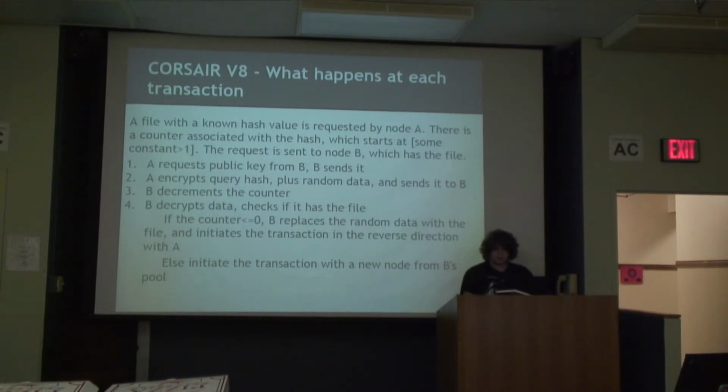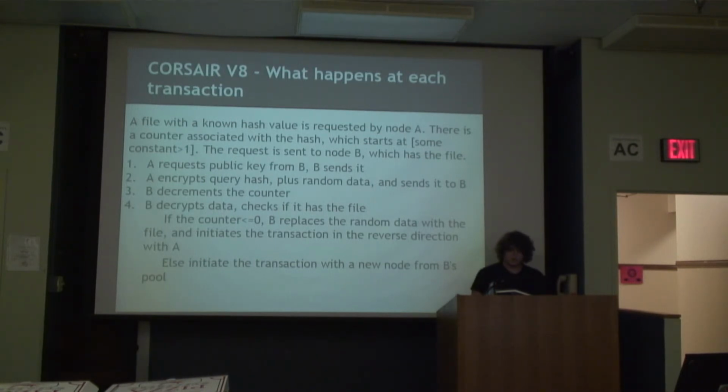So the request is sent to node B, which has the file. So node A requests a public key from B. B sends it the public key. A encrypts the query hash and the random data, and then sends that to B. B decreases the counter value after it's decrypted it, and then checks if it has the file. If the counter is less than or equal to 0, it replaces the random data with the file and then initiates a transaction in the reverse direction.